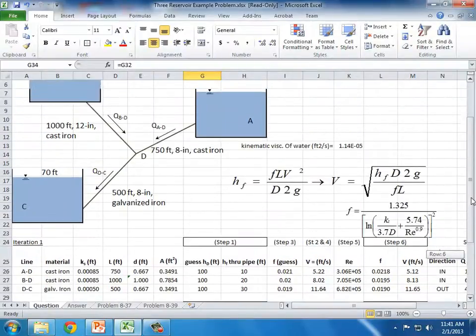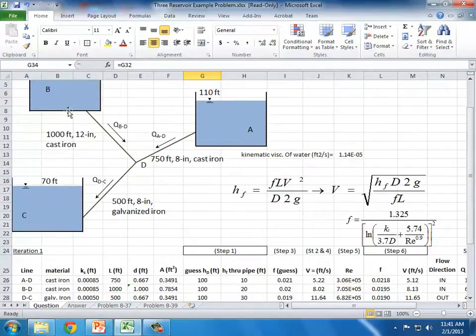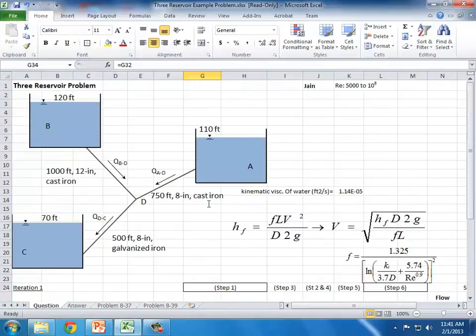Now, if it's at 105, then the water flows are still towards D for both of these upper reservoirs and into C from D. If I had picked my new H sub D as 111, then that would change the direction of flow from D to A. And that's a really important point, because in your homework, you're not going to necessarily know if your first guess is too low or too high.